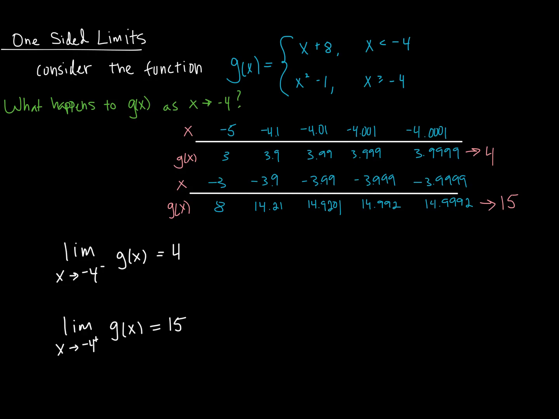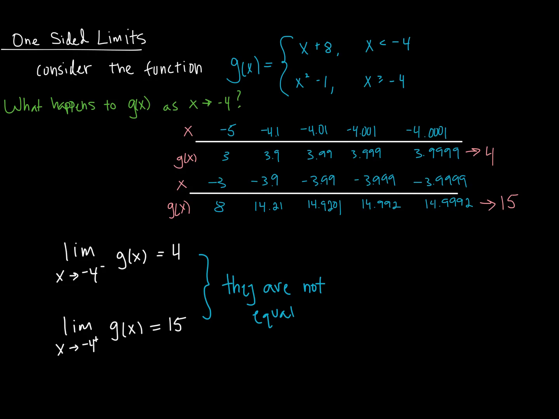And so this leads us to something pretty interesting. What do you notice about these two limits? Well, you should notice, look, they're not equal. So when I approach -4 from the left, and when I approach it from the right, I am not getting closer and closer to the same number.